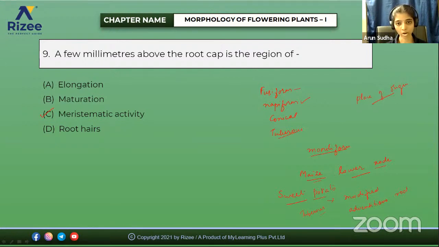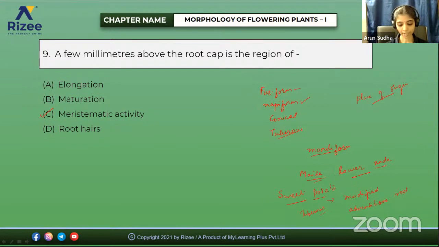No, actually it is not option A, it is option B, because turnip, where we saw, is actually a modified taproot. Fusiform, napiform, conical roots, all these are modified taproots. So the edible part of turnip is a modified taproot. It is not a modified adventitious root. Okay, clear, right?